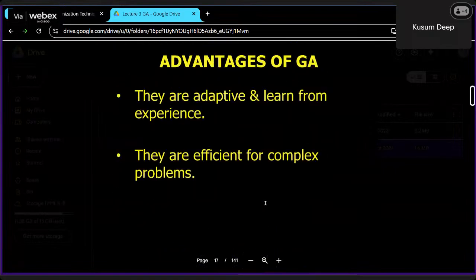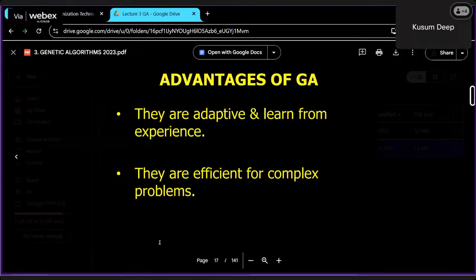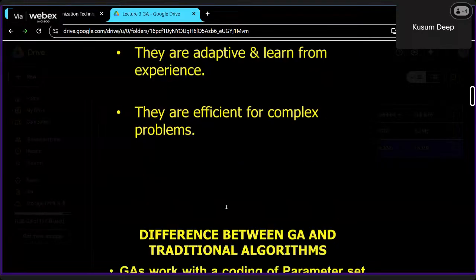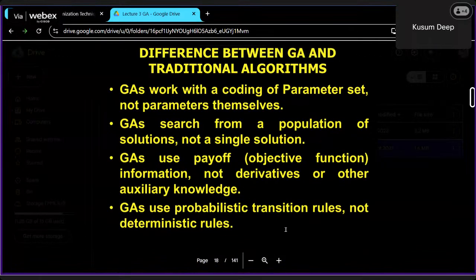I told you that genetic algorithm is suitable particularly for large-scale problems, NP-hard problems, and complex problems which cannot be solved using the traditional optimization techniques. I also told you that genetic algorithms are adaptive and they learn from their past experience. And I also told you how the genetic algorithms are different from the traditional algorithms.